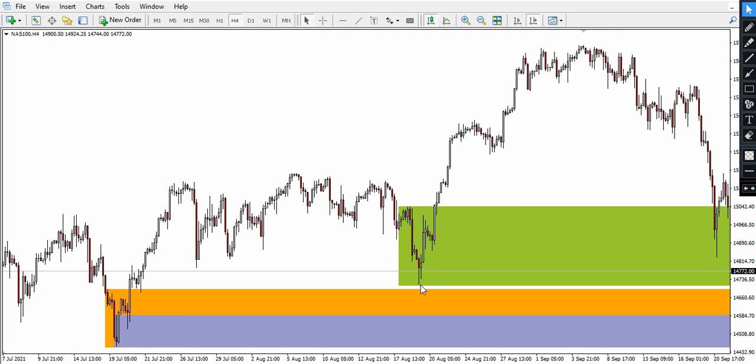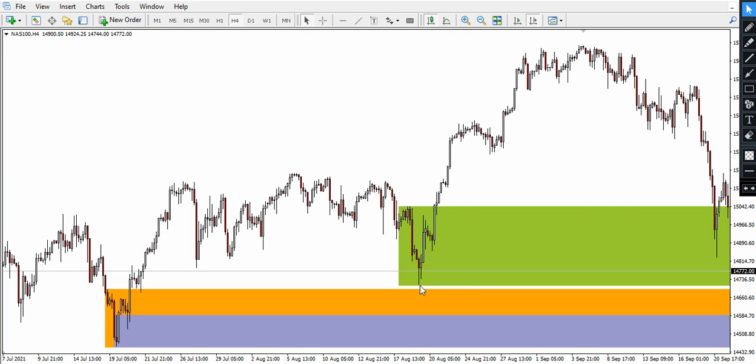This rejection here formed liquidity. Therefore, after the formation of liquidity, price will come and clear all that liquidity, and then it will go to the order block. It's either below or above it, and in this instance, it's below this swing low.